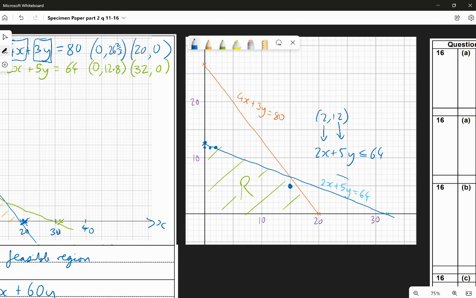That would be right on the line, that point (2, 12). My slightly wobbly line doesn't quite show it very easily there. So (2, 12) is the best one near this vertex.